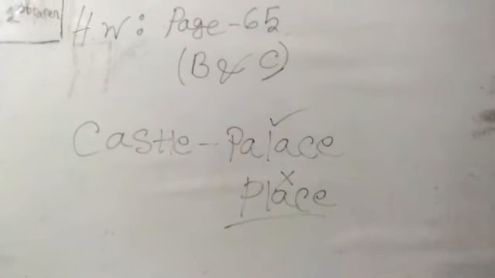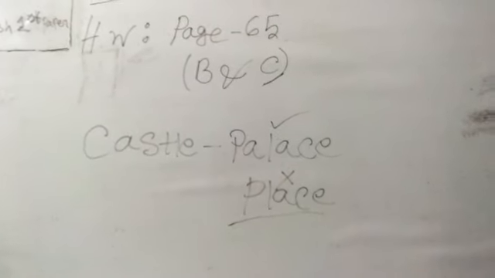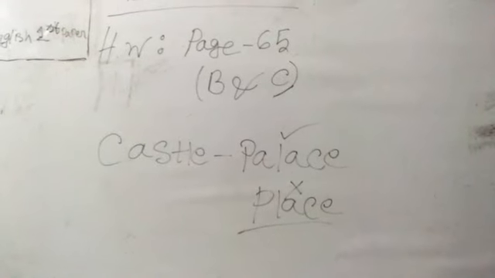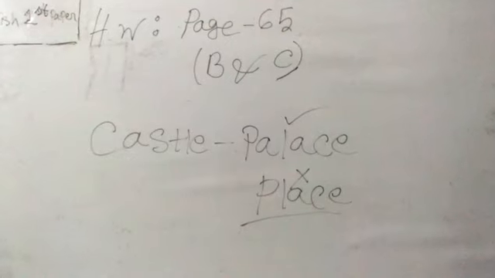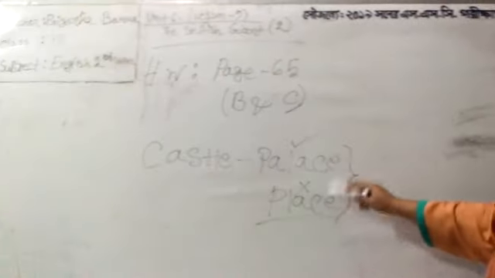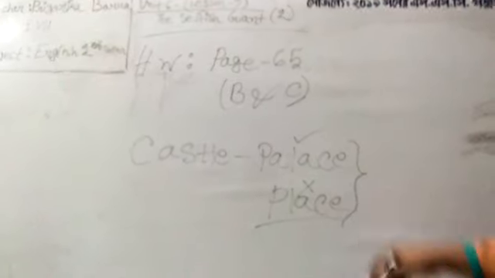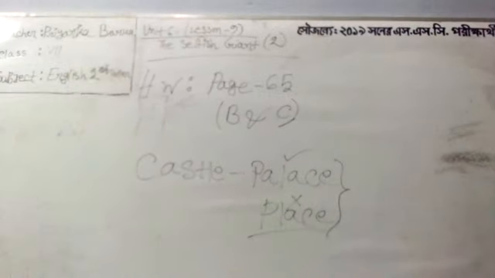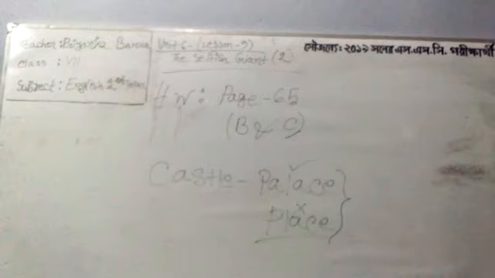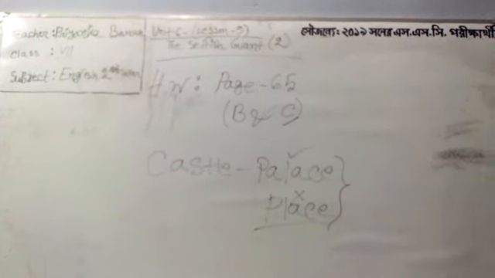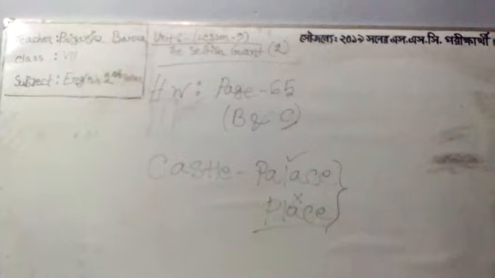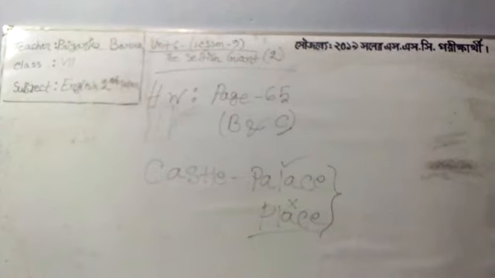These are actually palace-type places, not place, it's palace, P-A-L-A-C-E. Okay, so it's a very tiny difference between the two words, though they are quite similar. Though they seem quite similar, actually they are not. There is a slight difference in their pronunciation and spelling as well.